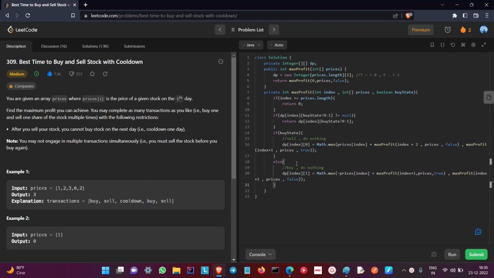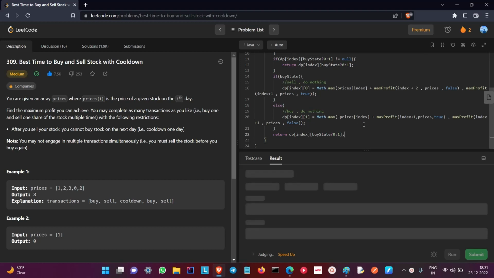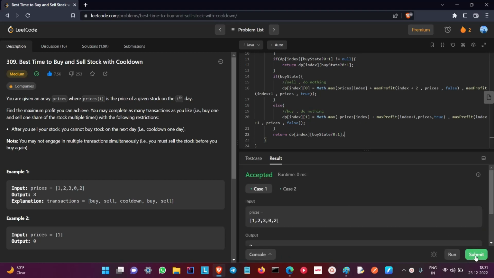Finally, we'll return dp of current day, and if buy state is true, we return the value at index 0, or else index 1. So let's check this out. It's working fine. Let's submit it.